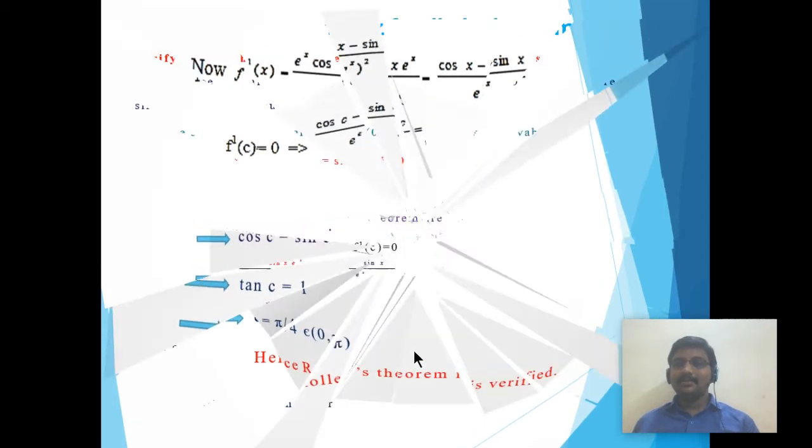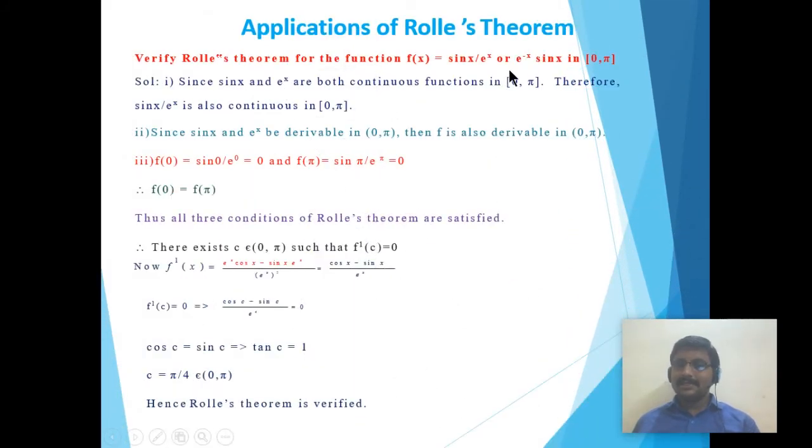So a simple recap once again. To verify Rolle's theorem: since sin x and e power x both are continuous in the closed interval 0 comma pi, therefore sin x by e power x is also continuous in the interval. Sin x and e power x are derivable in the open interval 0 comma pi, so f is also derivable in the open interval 0 comma pi.